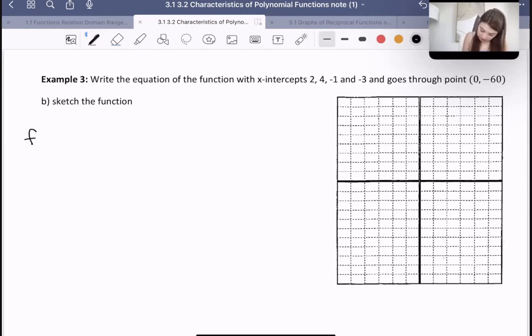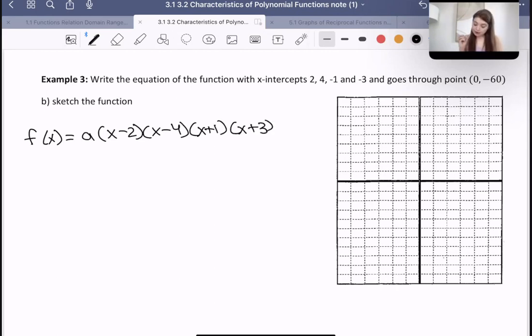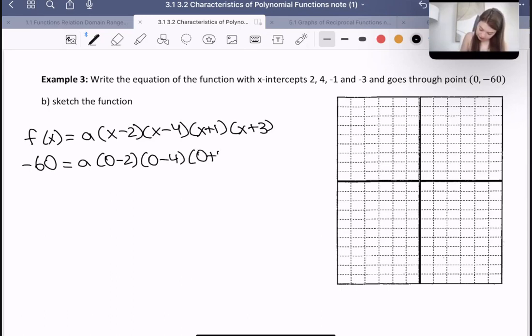We know that f of x is a times (x - 2)(x - 4)(x + 1)(x + 3). Now we need to plug in 0 for x and -60 for y. And that will get us to find the a value.